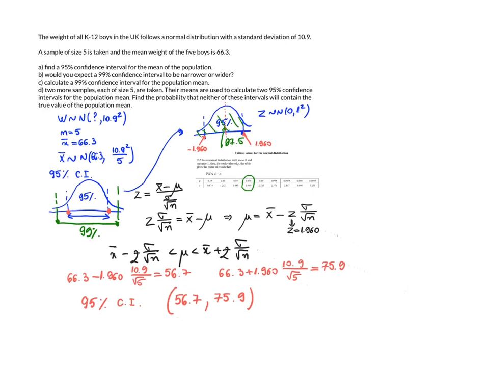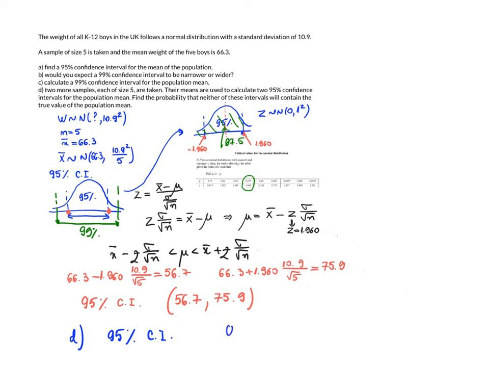Question D. Two more samples, each of size 5, are taken. Their means are used to calculate two 95% confidence intervals for the population mean. Find the probability that neither of these intervals will contain the true value of the population mean. Well, if it's a 95% confidence interval, we expect that 95% of our generated confidence intervals will contain the true mean.